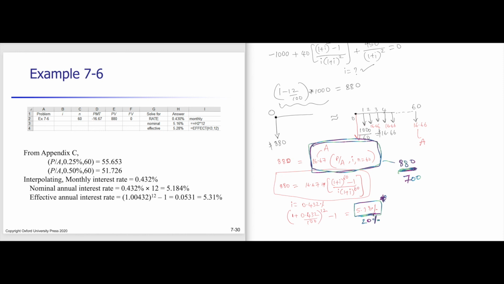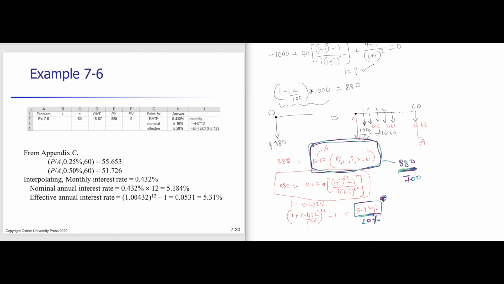So what I'll do is 700 alpha equal, let me solve that, 16.67 times 1 plus I to the power 60 minus 1 divided with x divided with 1 plus x to the power 60.